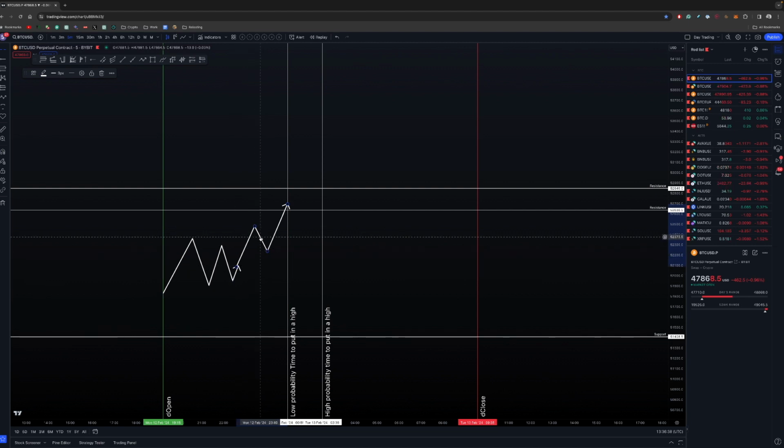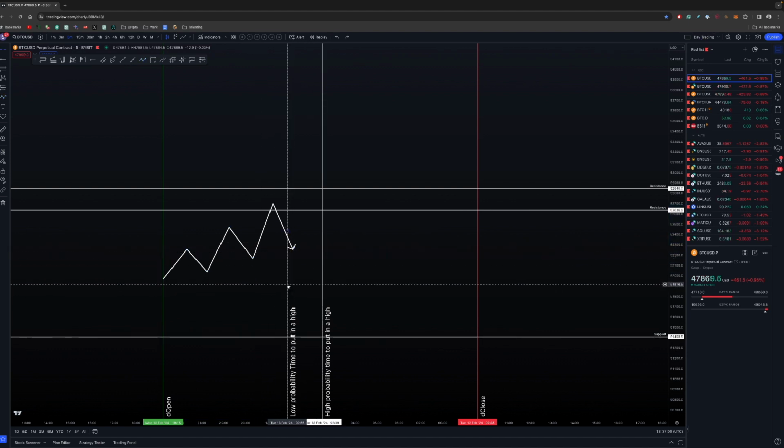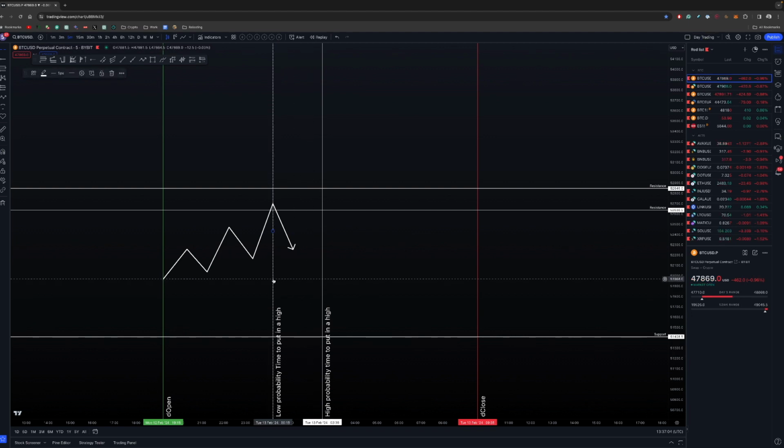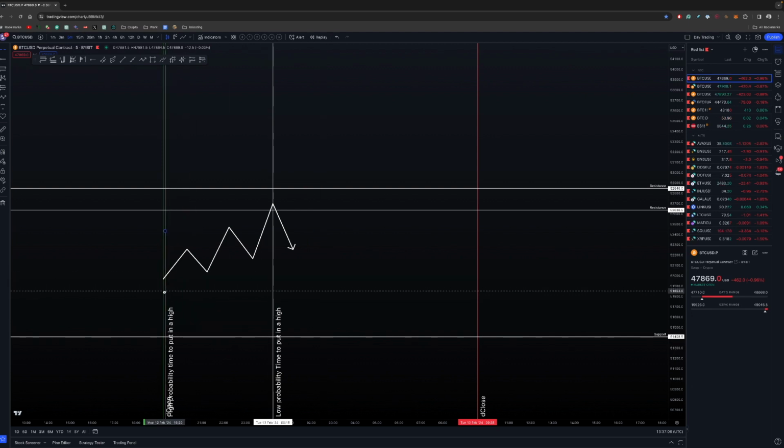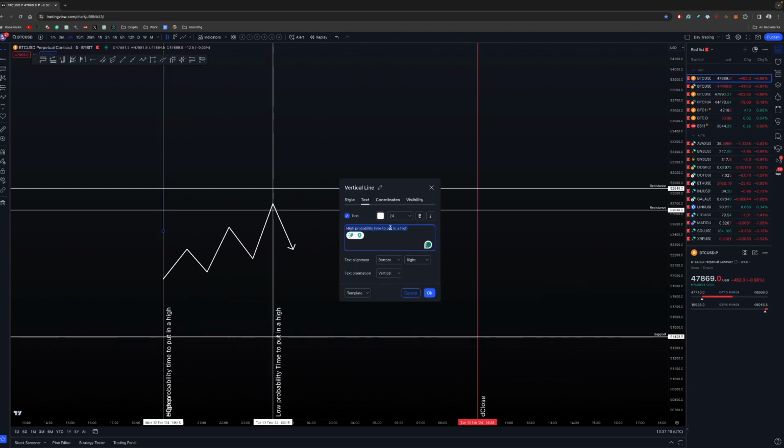And then, just one final example. If we, for example, have price action unfolding like this, and we have here a low probability time to put in the high, and right here we have a high probability time to put in the low.